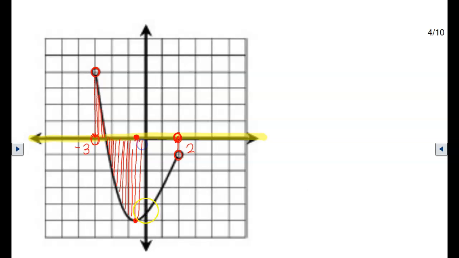And continuing on, these would all trace back to that part of the x-axis. But then I run out of points. Over here, the graph doesn't exist, so I can't trace anything back to this part of the x-axis. Same thing over here. There's no graph over here, so I can't trace that back to the x-axis.